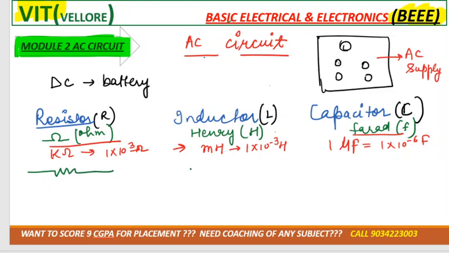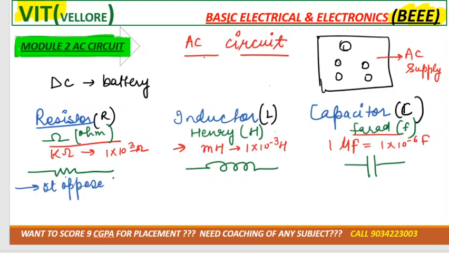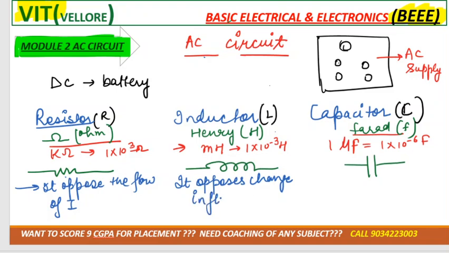Now what is the function of the resistor? The resistor symbol is like this, the inductor symbol is like this, and the capacitor symbol is like this. You already know about it. What is the function of the resistor? It opposes the flow of current, right? What is the function of the inductor? It also opposes, but what does it oppose? The change in the flow of current. It won't allow the change.